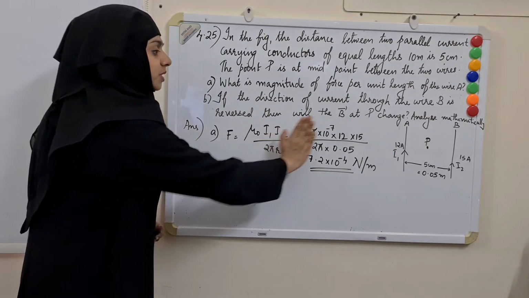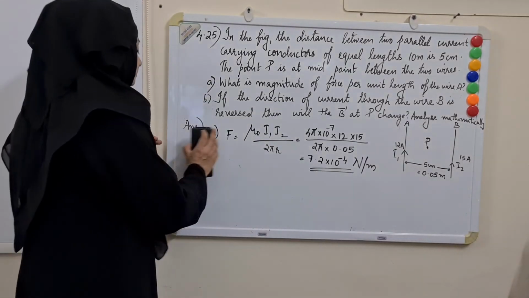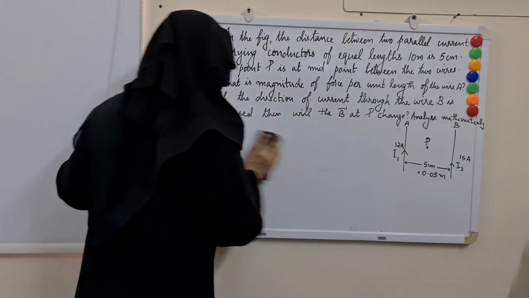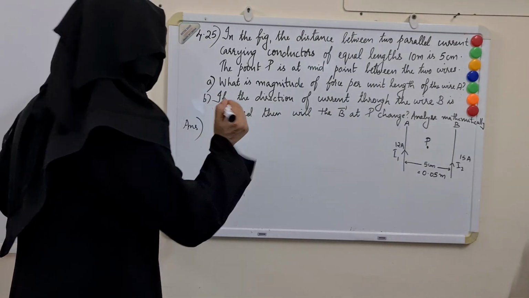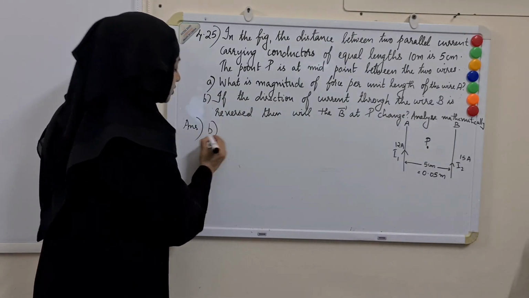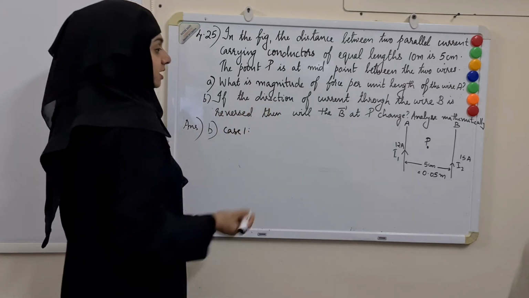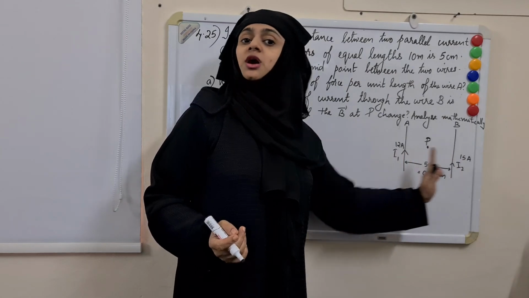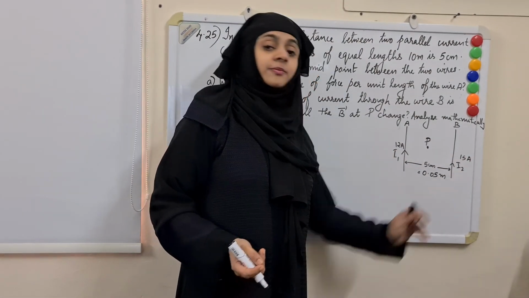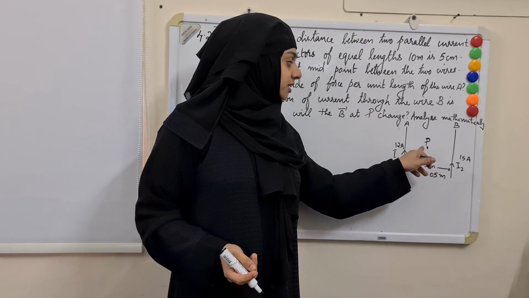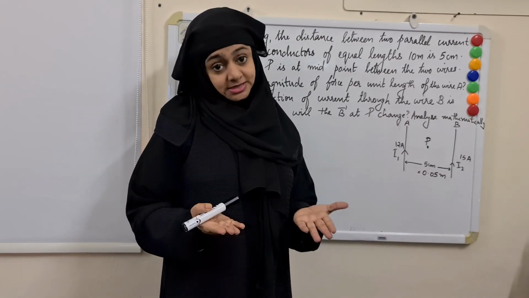Let me rub this part, otherwise I will not have enough space to solve. So B. First case 1. In case 1, I am taking this figure without changing the direction of current in the wire B, and I will be finding the magnetic field at P. Now magnetic field is a vector.